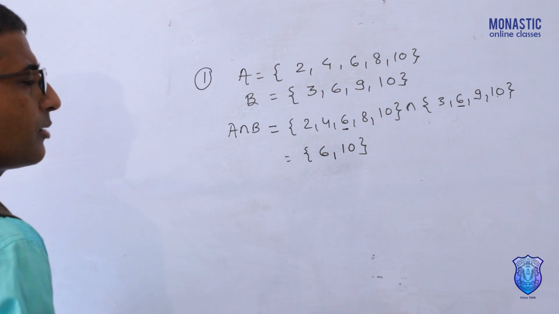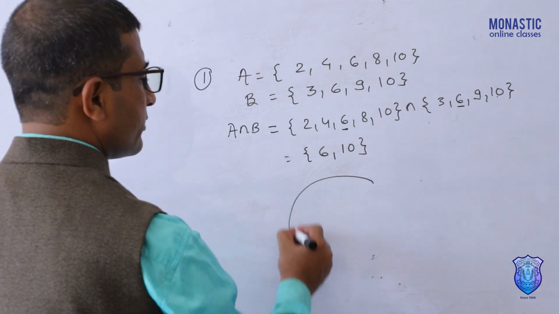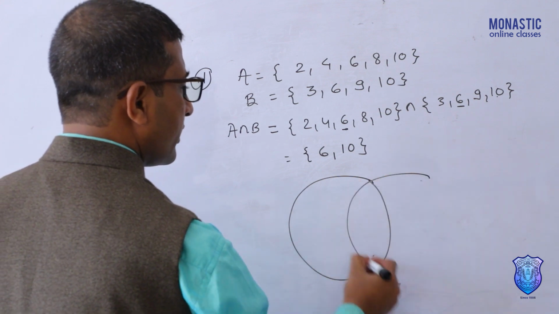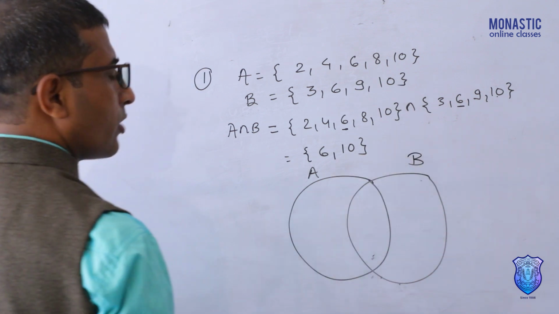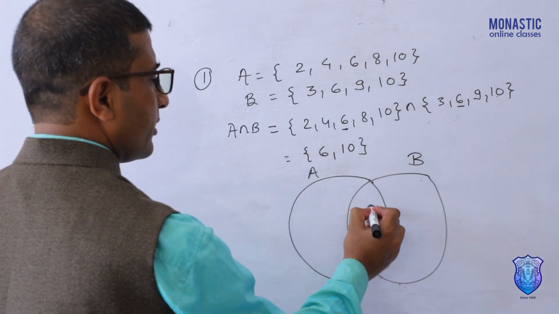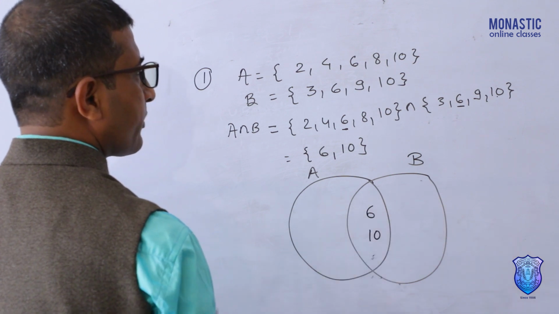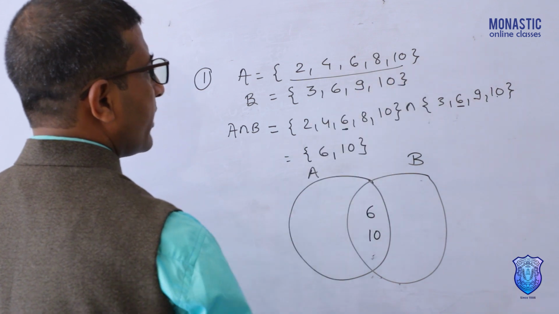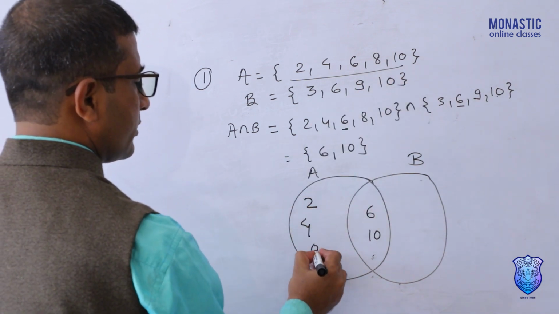Drawing the Venn diagram will not be changed, but shaded region will be changed. We have learned if there is an overlapping set, how to draw the Venn diagram. Now we can write here common parts 6, 10. Then what are the remaining elements? 2, 4, 8.